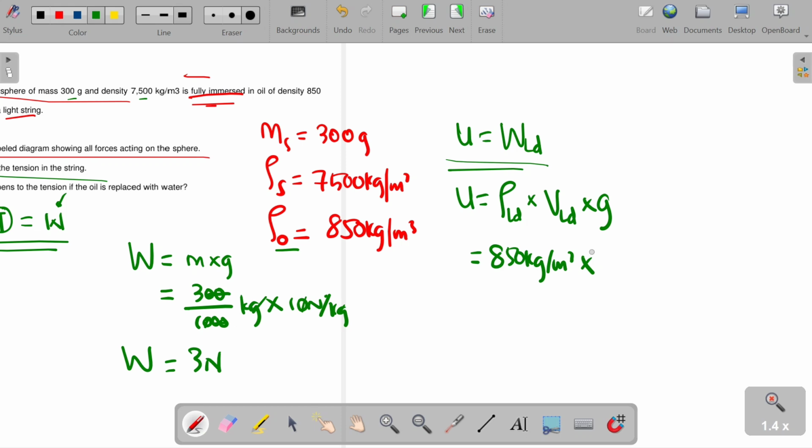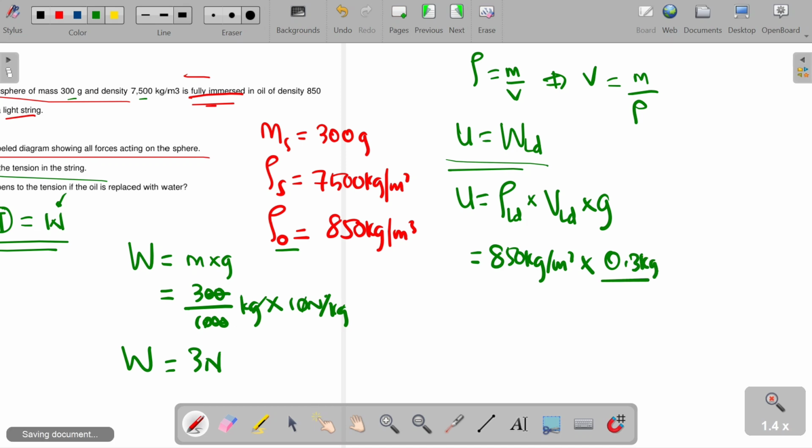Do we know the volume of the object? No, we don't, but we can find it. How do we find it? Easy. Remember that density is equal to mass over volume. Therefore, volume is equal to mass over density. The mass of this thing is 300 grams, which is the same as 0.3 kg. So that's 0.3 kg divided by the density of this object, 7,500 kg per cubic meter.